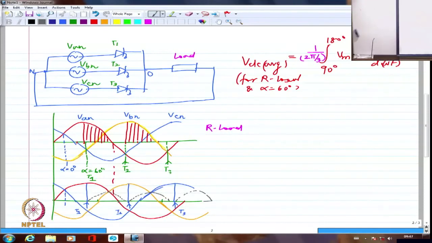So the device will be conducting even beyond the 180 degree point of the voltage, which means that Vm sin omega t corresponding to VAN will be connected to the load until the zero of the current. So I am going to have essentially the voltage coming up until this point. All this voltage will come up completely.